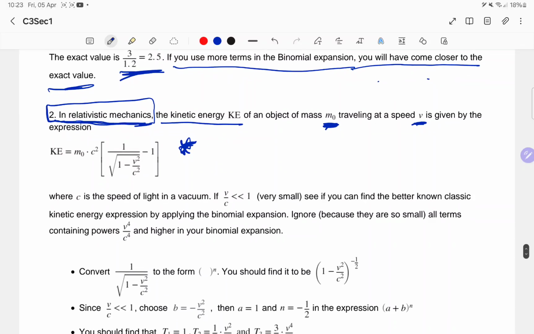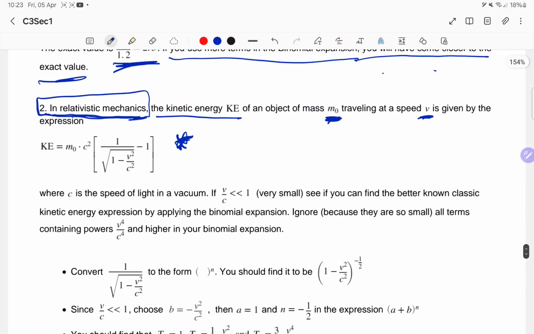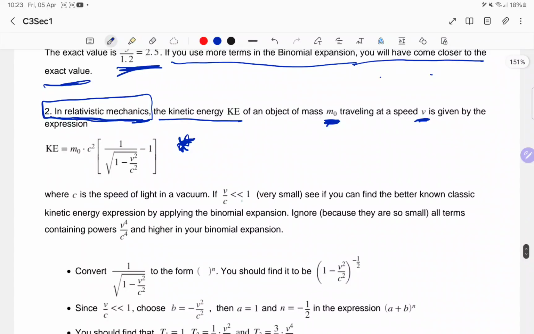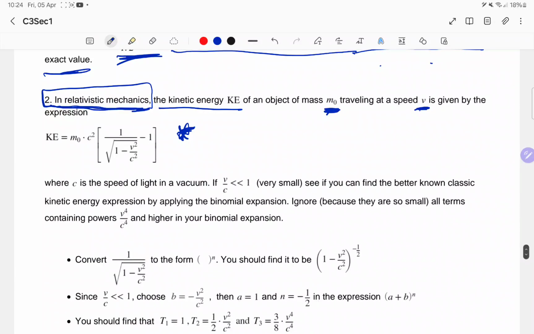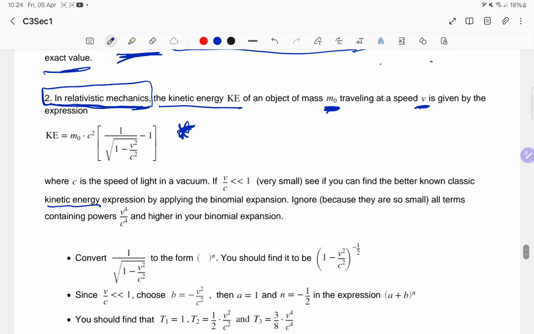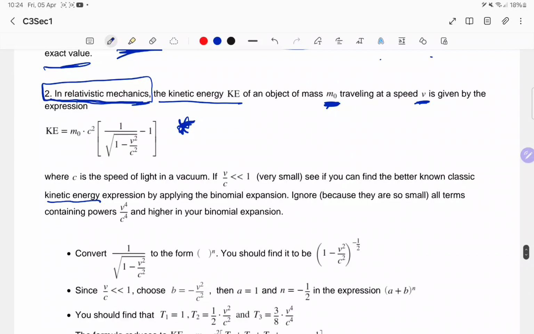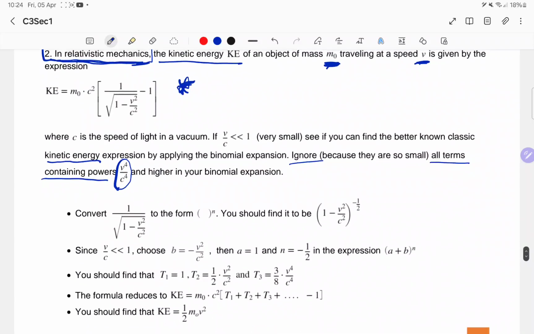If the ratio v by c is much less than 1, that is very small, see if you can find the better known classical kinetic energy expression by applying the binomial expansion. Ignore all terms containing powers 4 and higher in your binomial expansion.